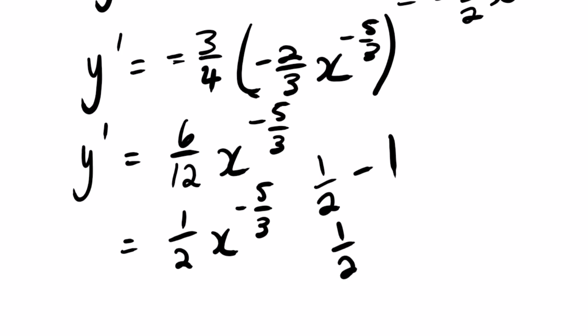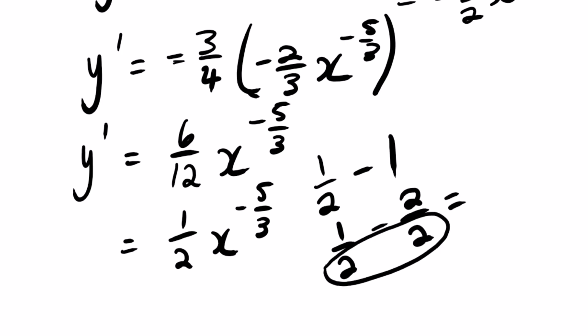Now 1 over 2, how can you express 1 in terms of this denominator? 1 over 2 minus 1, 1 is the same as 2 over 2. Now in this case you can see that we have common denominator. We simply take one denominator and then we subtract our numerators. So 1 minus 2 is simply negative 1 over 2.